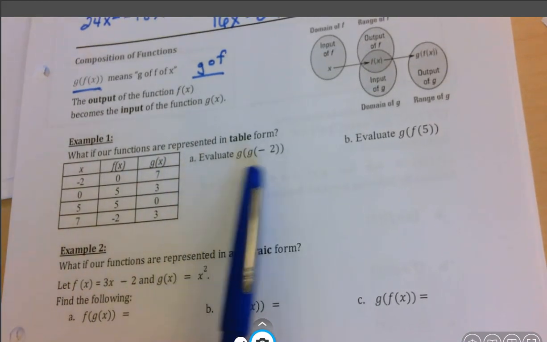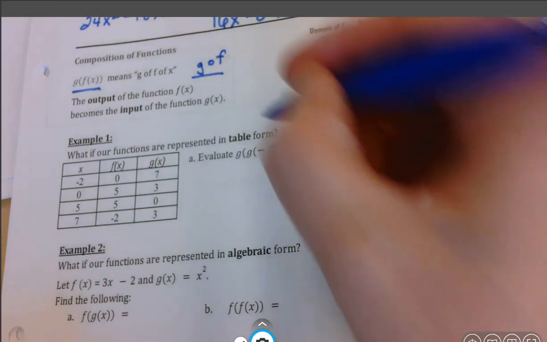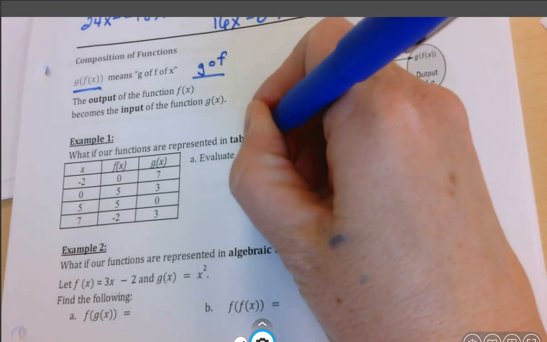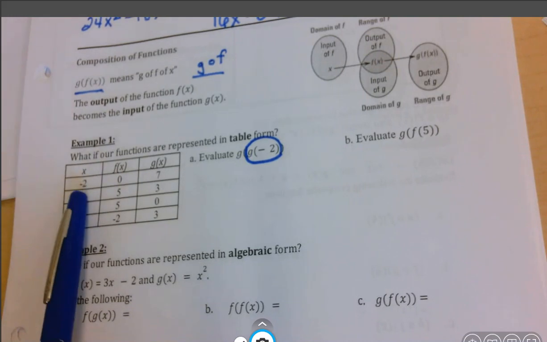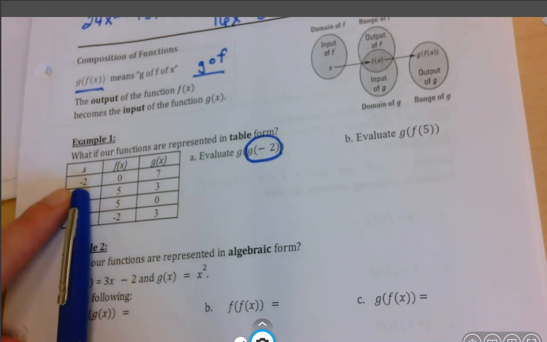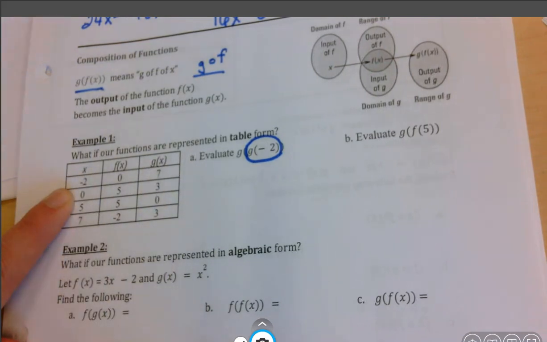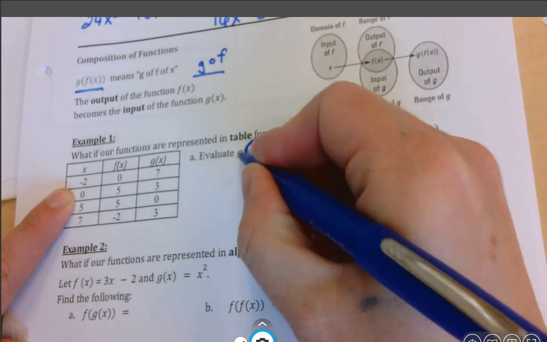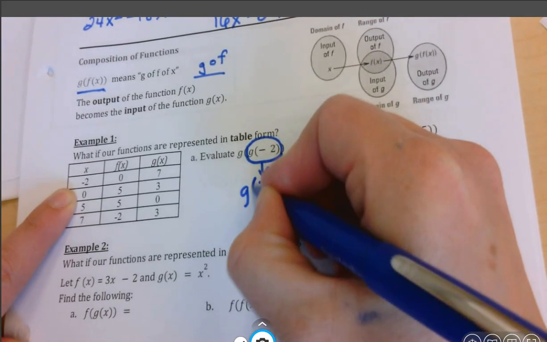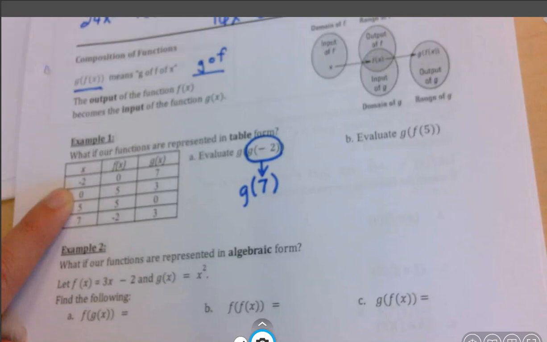So to evaluate g of f of -2, we start with the inside. We're going to do f of -2. So you find -2 on your x, and what's the f value? 0? It is 0, good. So this value here is 0. Now I'm going to do g of 0, the outside function.